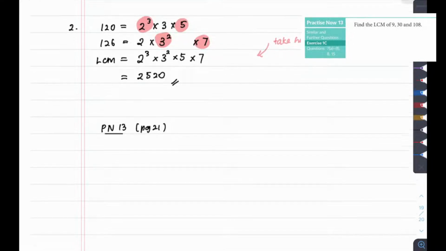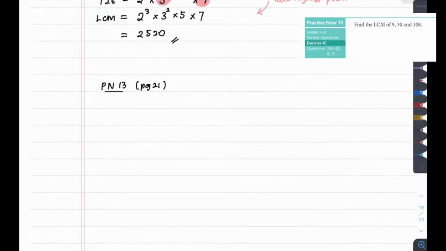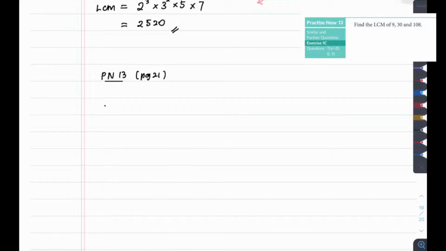And now we are going to look for the LCM of 3 numbers: 9, 30, and 108. Now technically we can list them out, but it's going to take us forever. So what we are going to do is to use the two methods, alright? We are going to explore the two methods over here.